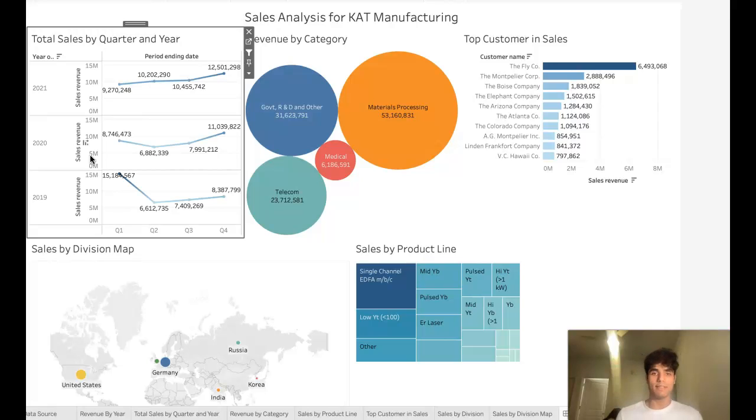I would definitely see which categories we had the most revenue in, and I would definitely work harder to improve those categories. And then I would look at my product lines, and I would look at my division map, and I would see which countries we are producing the least sales in, and I would try to improve that.